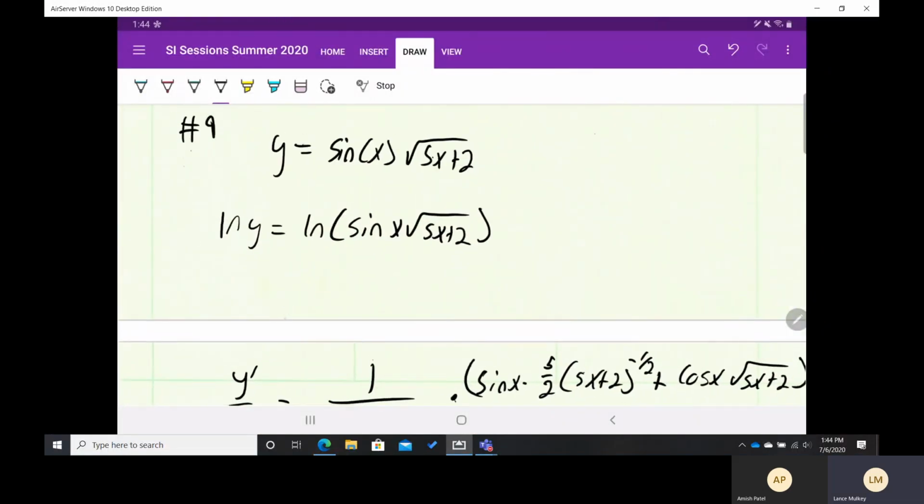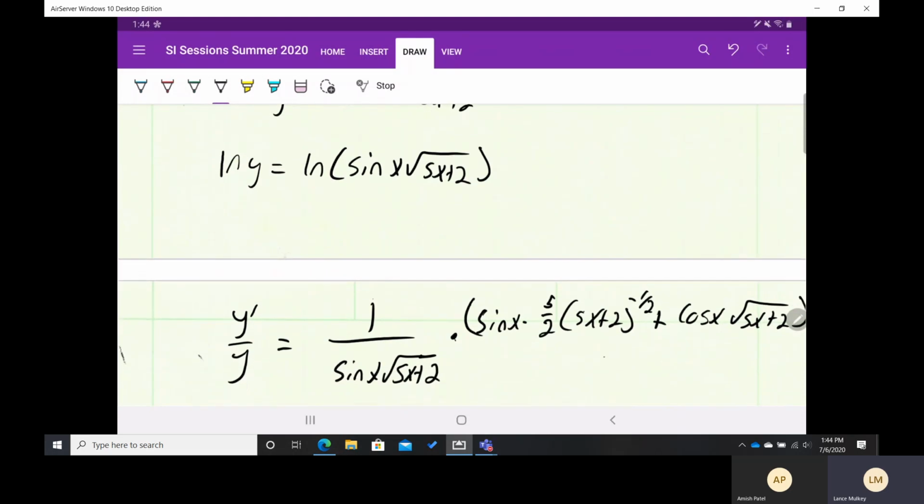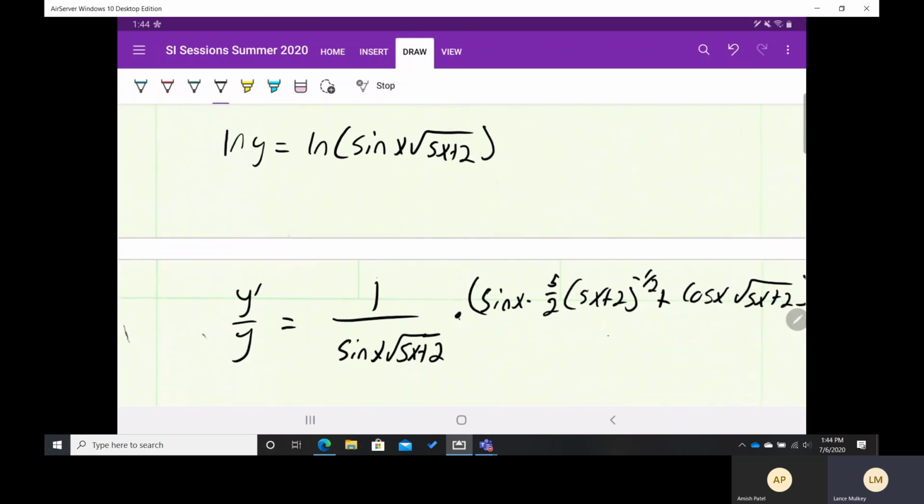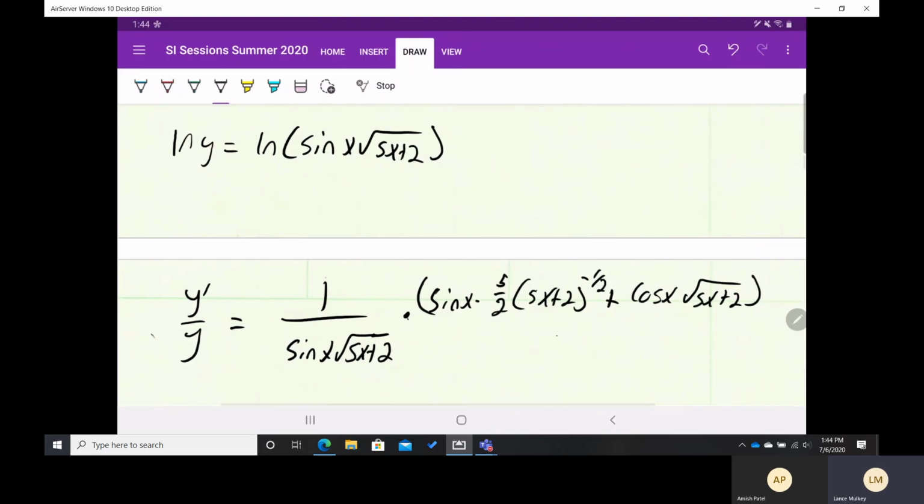So you take the natural log of both sides, and you take the derivative, and the derivative of y, since it's implicit, is y prime over y, plus the derivative of natural log is 1 over the function times the derivative of the function. And right here, the derivative of the inside was 5. So instead of writing that out to the right like I normally do, I was trying to save space. I just went ahead and said 5/2.